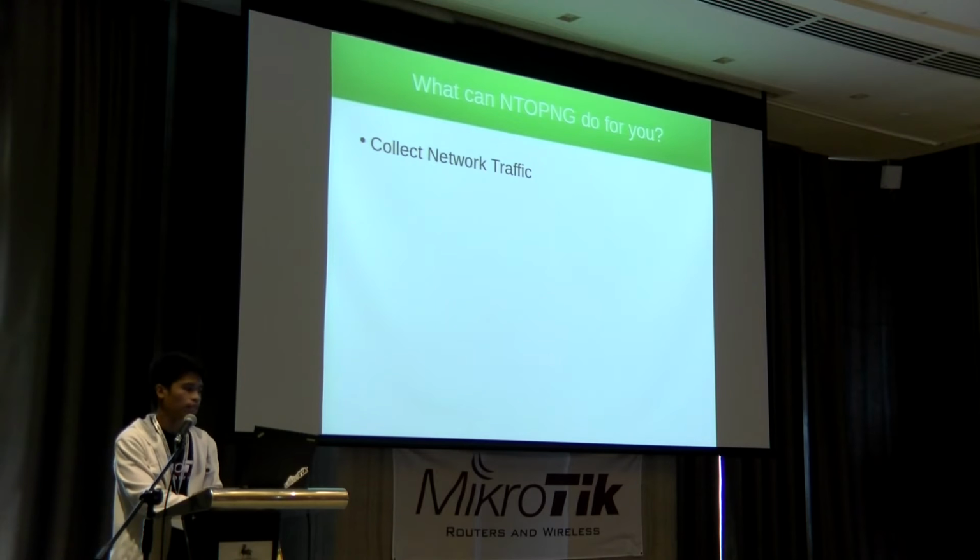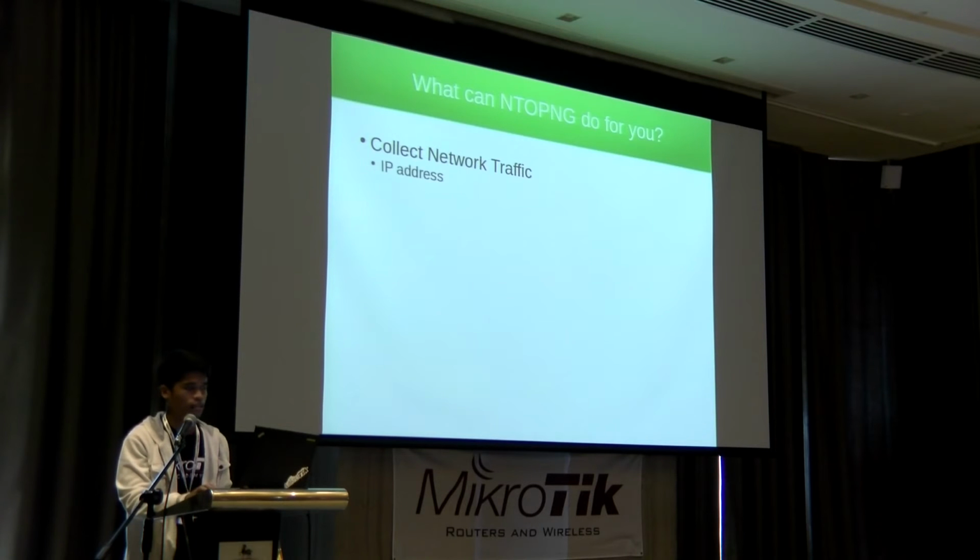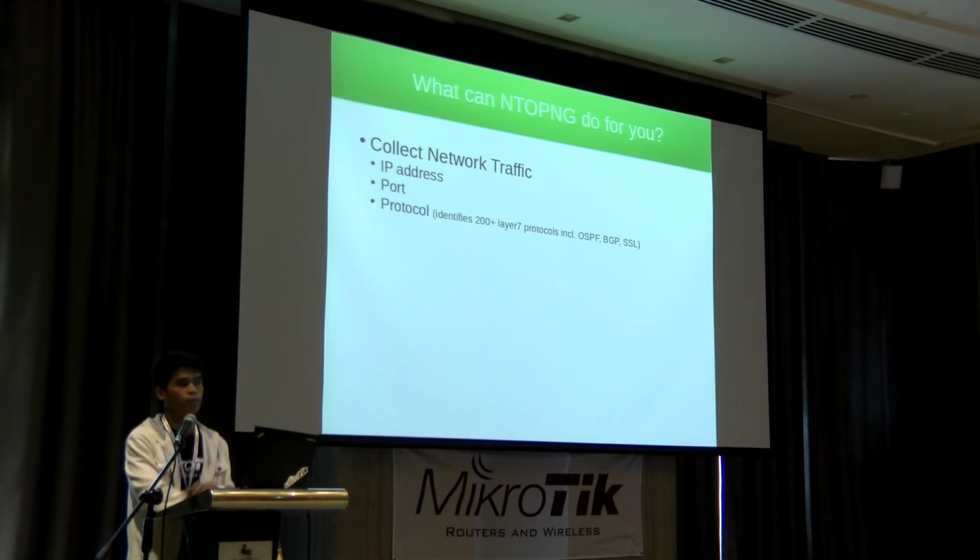NTOPNG can collect network traffic. What kind of network traffic are we talking about? It involves IP addresses, ports, and even protocols. And NTOPNG can identify more than 200 layer 7 protocols.